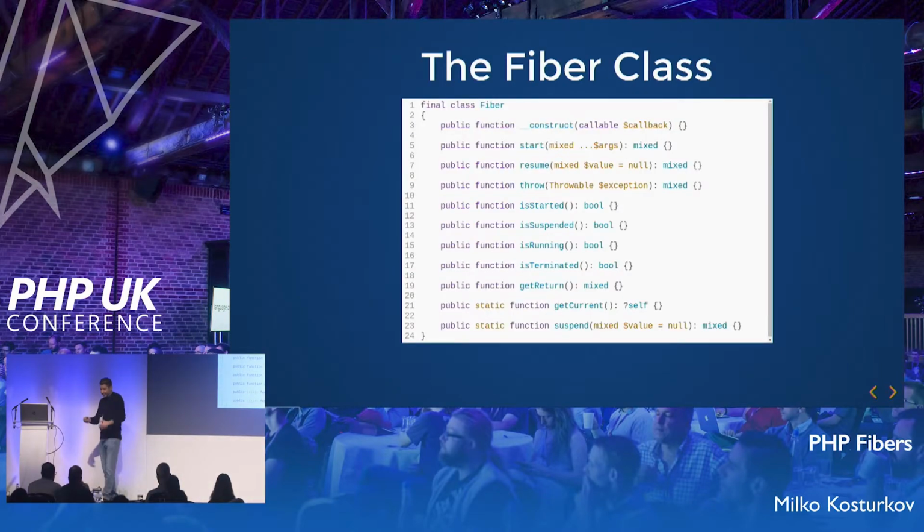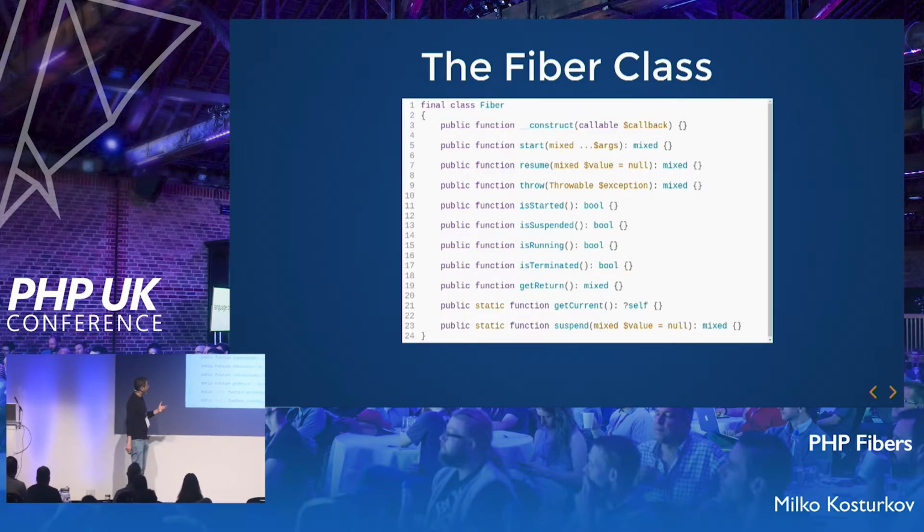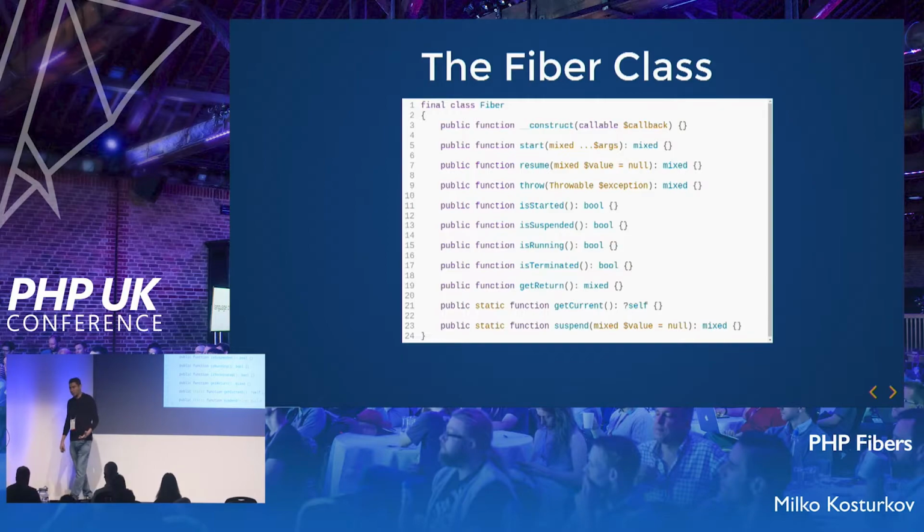A fiber is represented by a class in PHP. So the API to deal with a fiber is a class. In its constructor, we pass a callable. The callable is the code that we want to execute in this fiber. The class gives us a start method, and the start method will start executing the code.